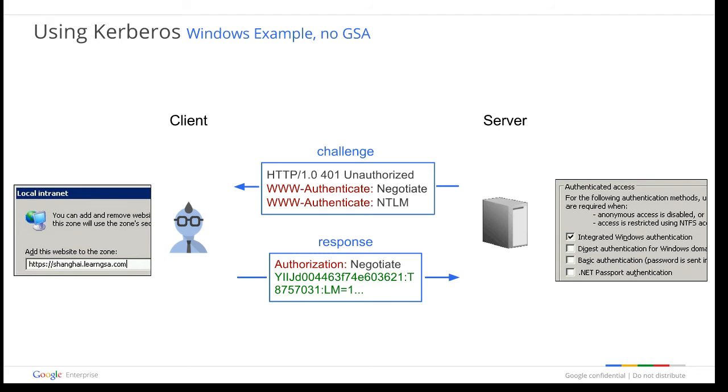Instead, it will automatically get and pass a service ticket to the IIS web server on the user's behalf. For Internet Explorer, this is done by placing the IIS server in the local intranet zone. Chrome is configured the same way. Firefox has configuration entries that will need to be added or changed within the about:config file.